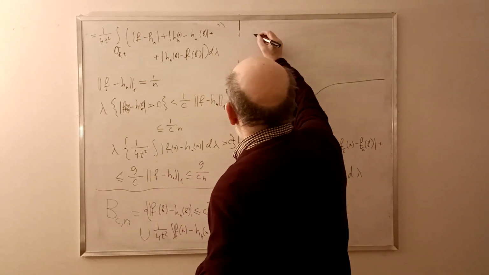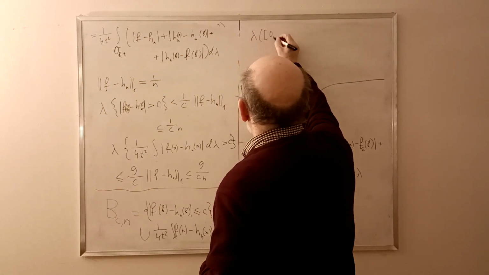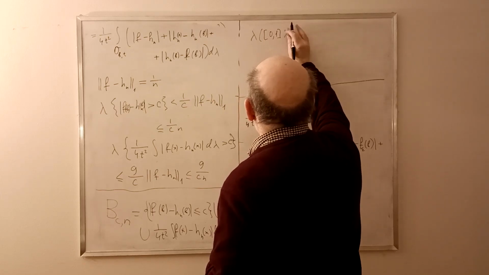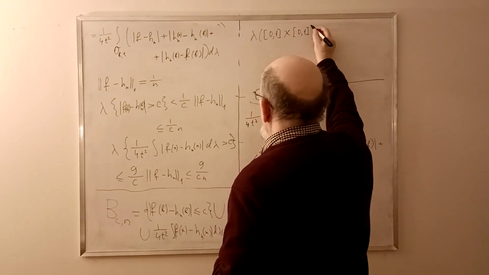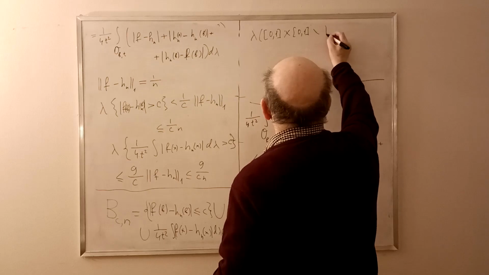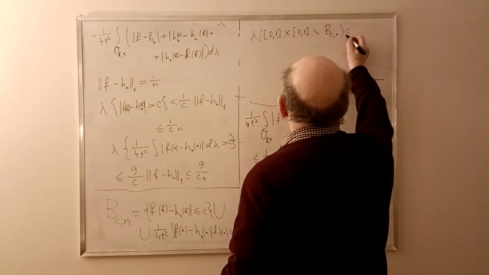lambda of the set [0,1] times [0,1] minus B c n is less or equal.